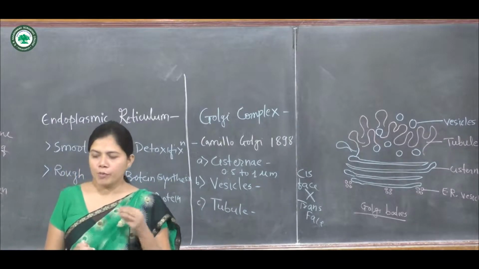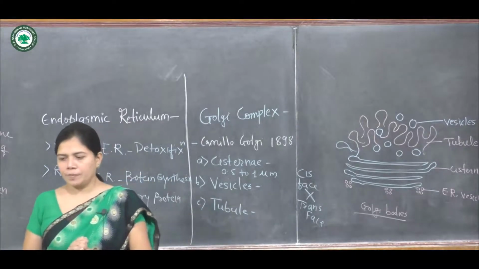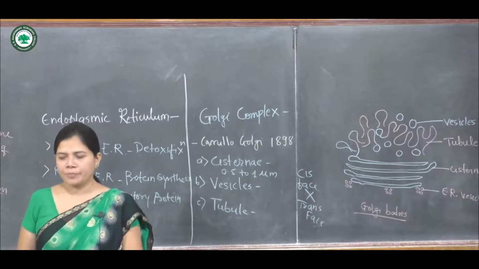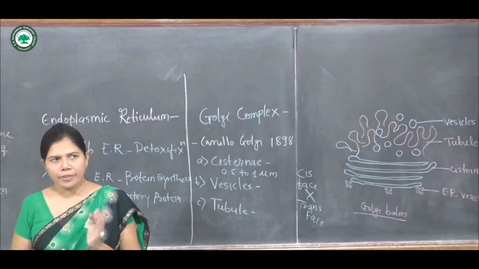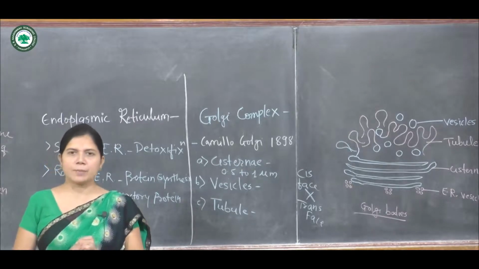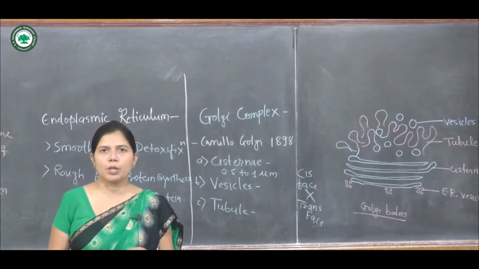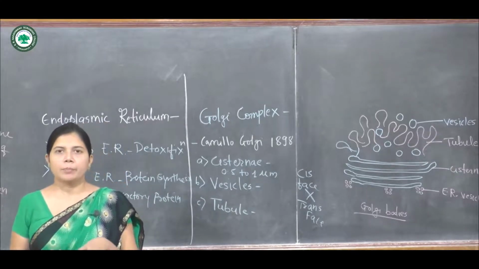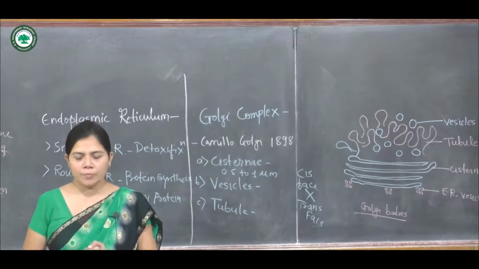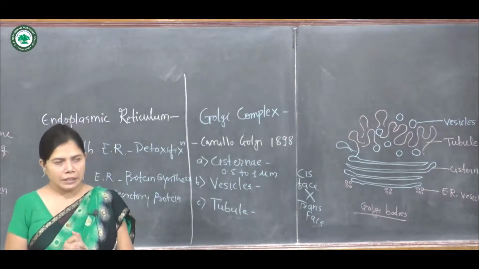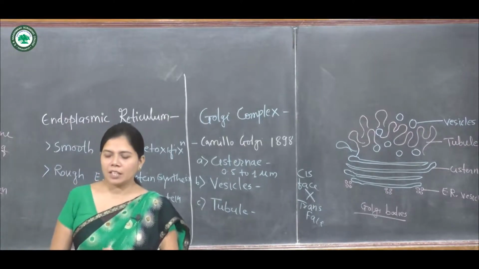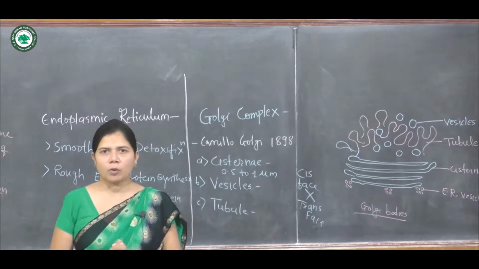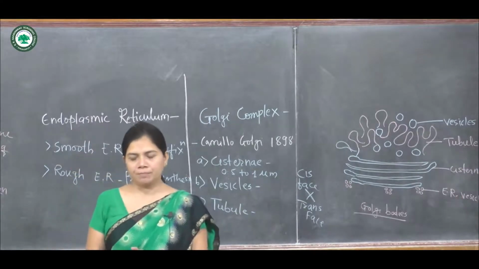According to function, the Golgi body carries out two types of functions. First, the modification of the secretion of the endoplasmic reticulum as well as the production of its own secretion, and hence the synthesis and secretion of enzymes and hormones are carried out by the Golgi complex.